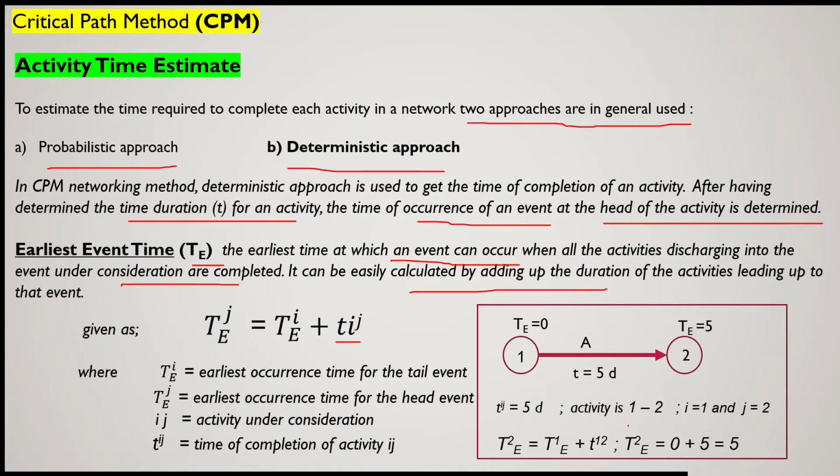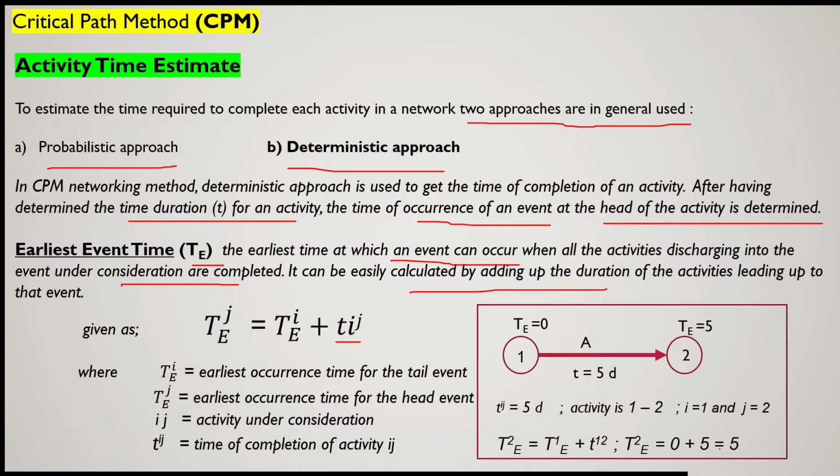Activity Ij means it is activity number 1, 2, where I is 1 and J is 2. So here if we want to calculate T2e, T2e meaning the earliest event time of event number 2, that will be equal to the sum of the earliest event time of event number 1 plus the duration of the activity connecting event number 1 and event number 2, and in our case it is 0 plus 5.